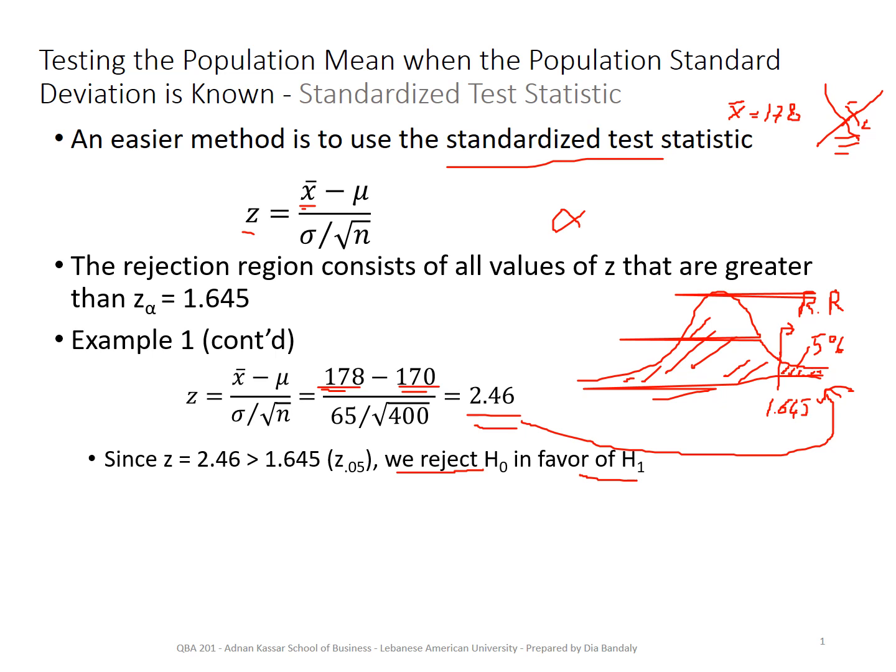This is exactly the same conclusion that we ended up with using the X bar L. But this is good news for you. You're not going to do all that exercise of finding the X bar L. If you are then told, all right, in real life, what would be that large value, then you can find it from 1.645, and this is something that you learned how to do in previous topics. All right.